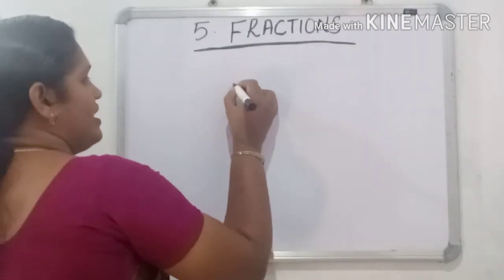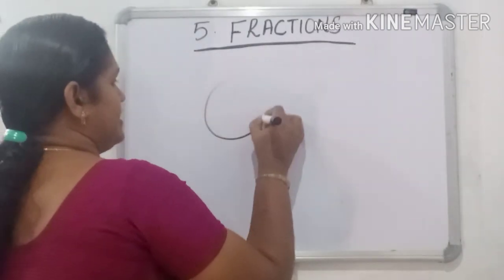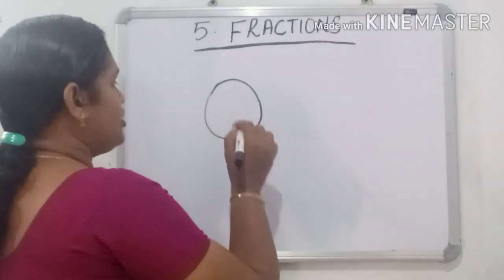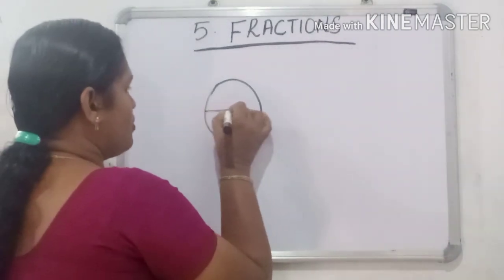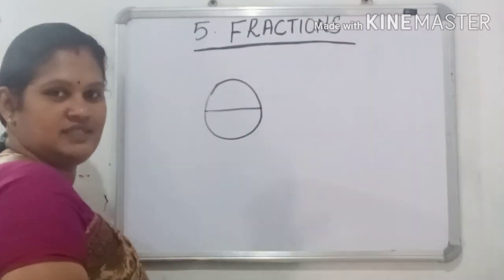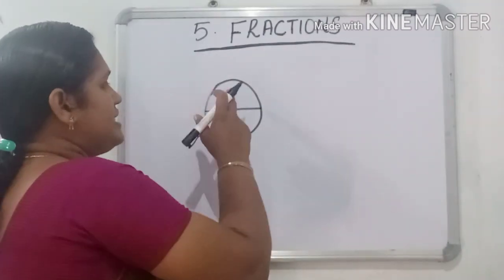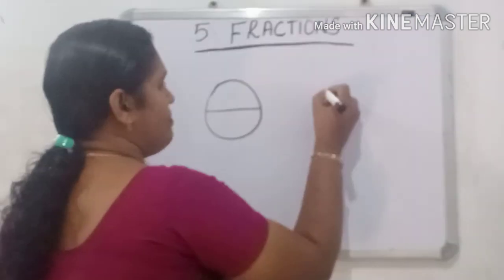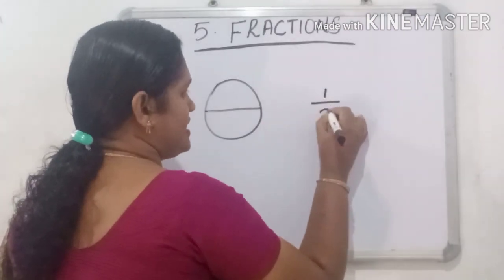Example, this is a circle. It is divided into two equal parts.